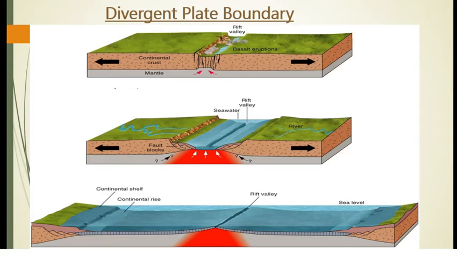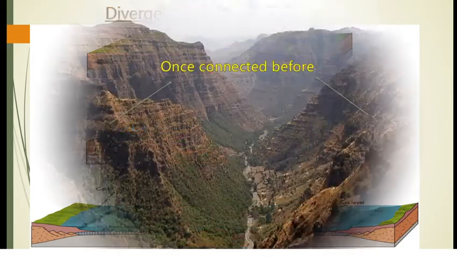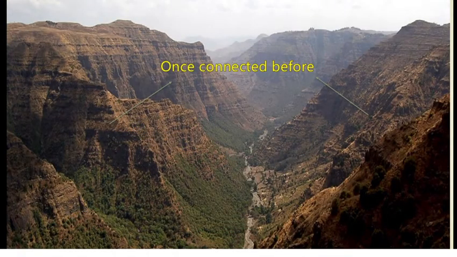So they are constructing, okay, right here, they are constructing new plates, and then these new plates are spreading, or we call it the seafloor spreading. The seafloor spreading occurs along the divergent plate boundary. So if you look at this picture right here, these two land masses were once connected, but since the plates are moving away from each other, they are separating.